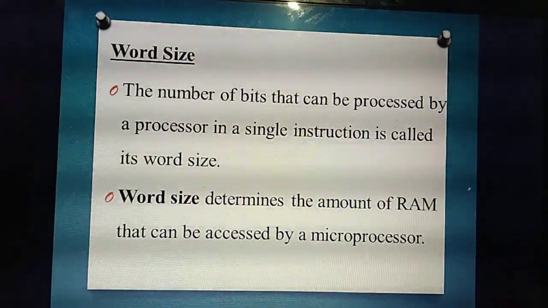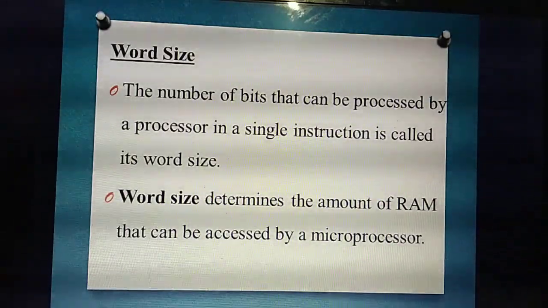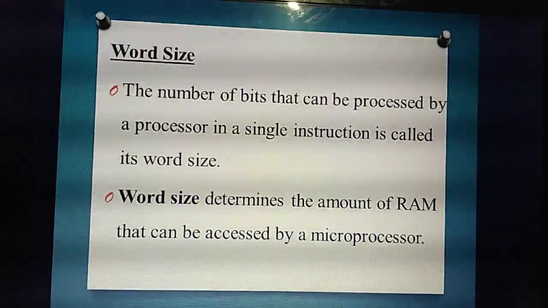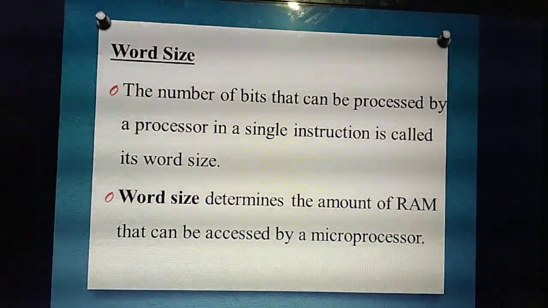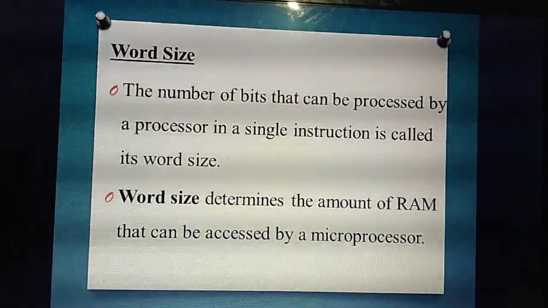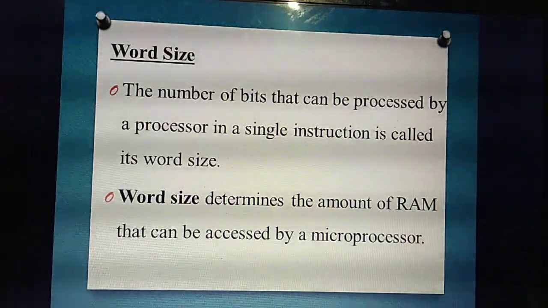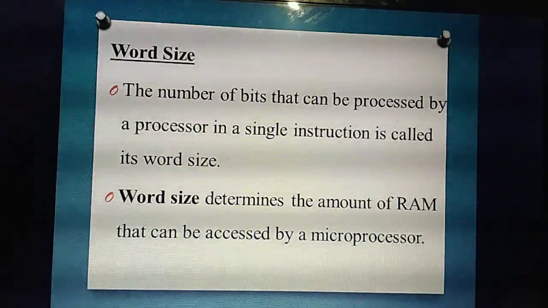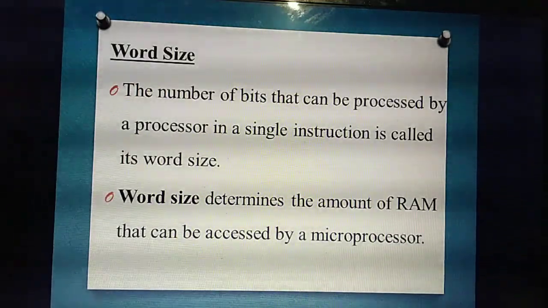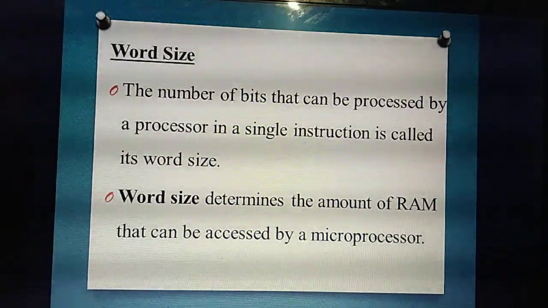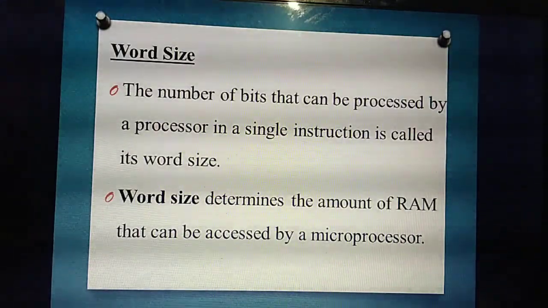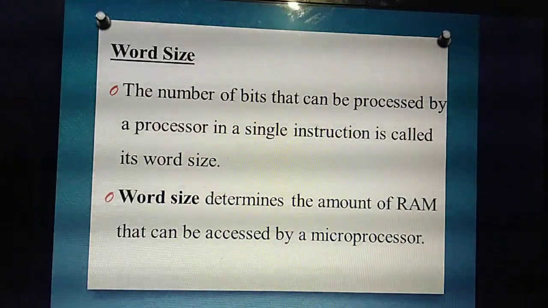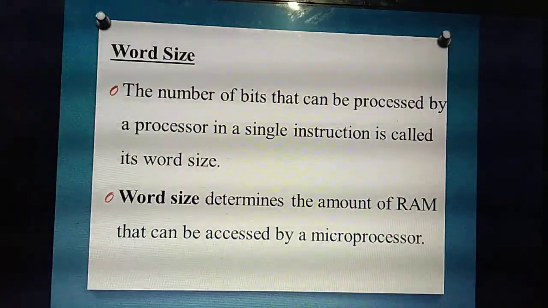In a single instruction, the number of bytes a particular microprocessor can execute, that is called word size. Based on this word size only, how much storage of RAM can be accessed by a microprocessor is determined.